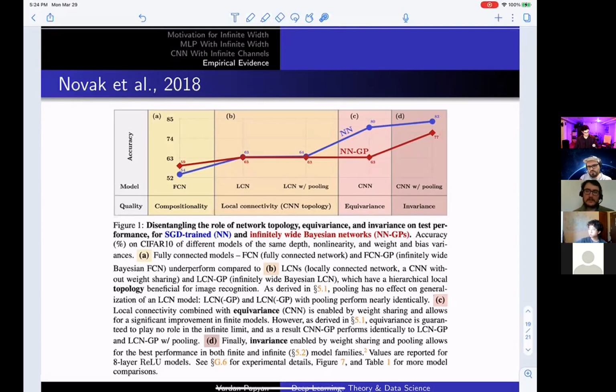And the final plot is the performance if you also add average pooling. If you incorporate average pooling, then you get an accuracy of 77 for infinite width networks and 83 for finite width networks trained with SGD.